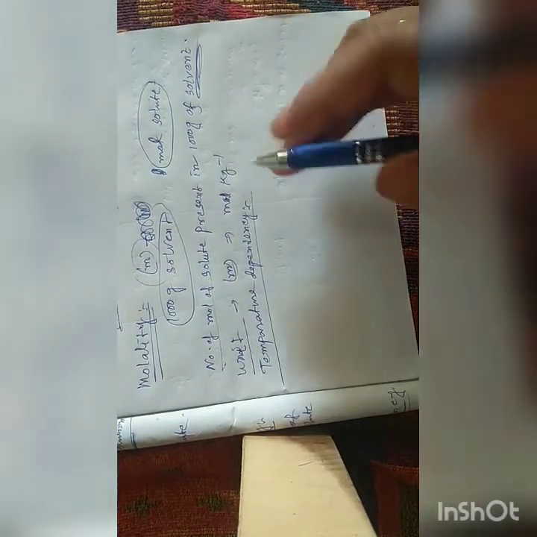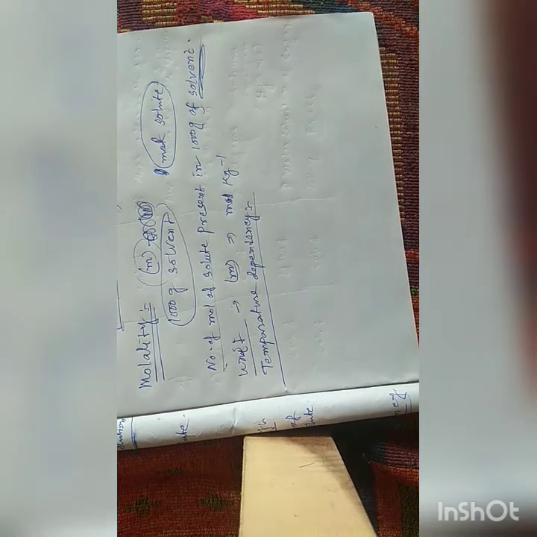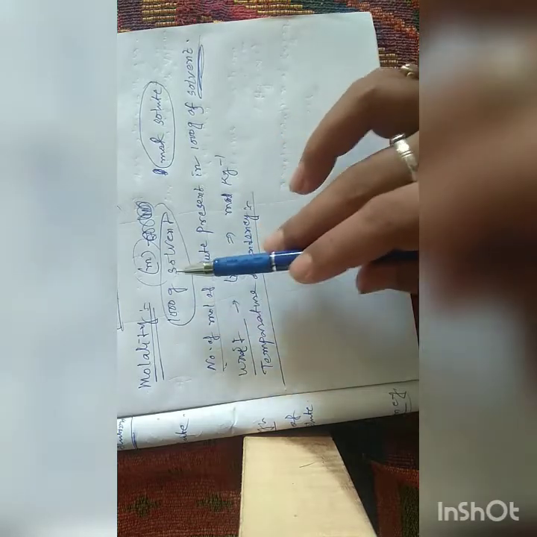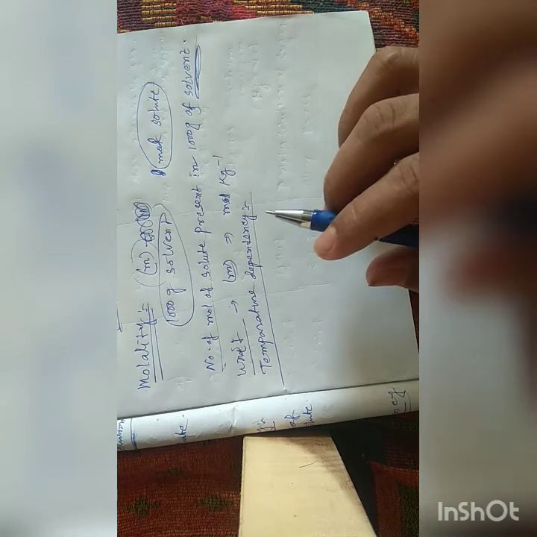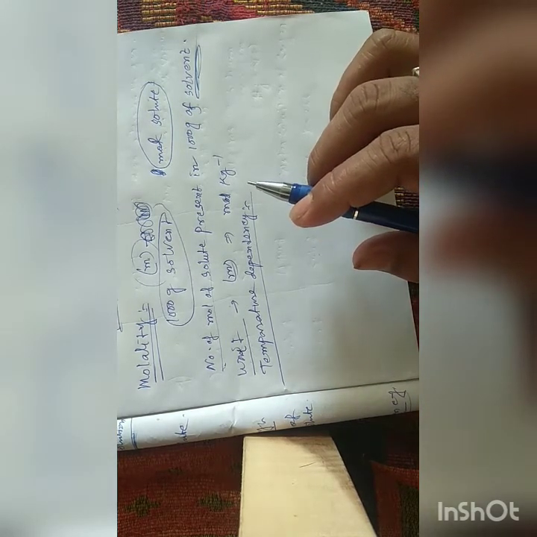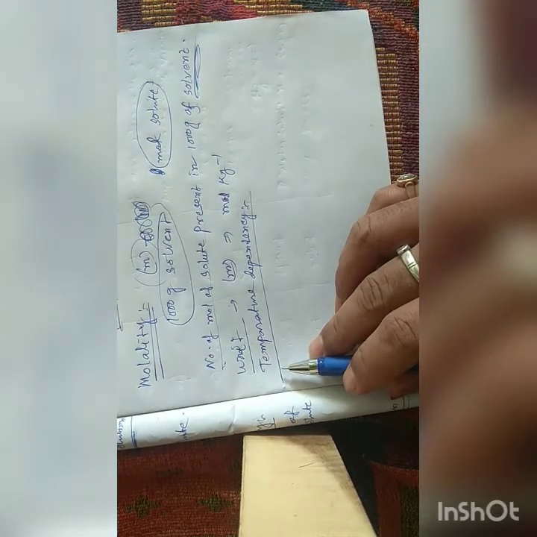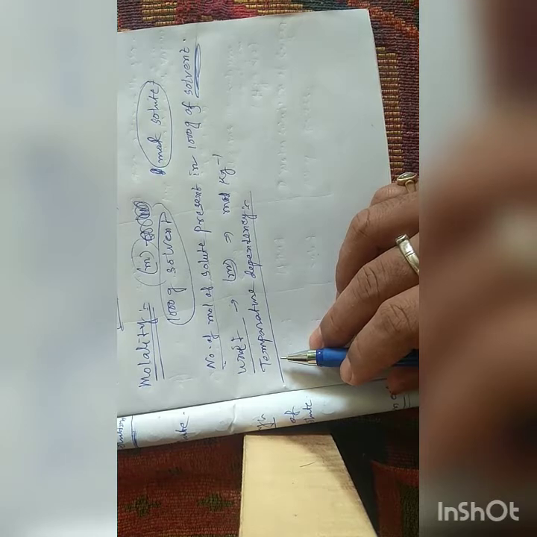Temperature dependency: molality does not contain a volume term. It is always in gram; everything here is in gram. So molality does not depend on temperature. So the difference between molarity and molality is that molality is independent of temperature and molarity depends on temperature.